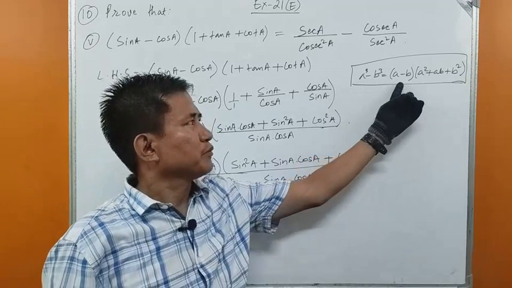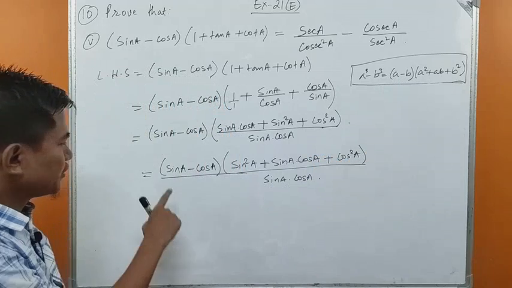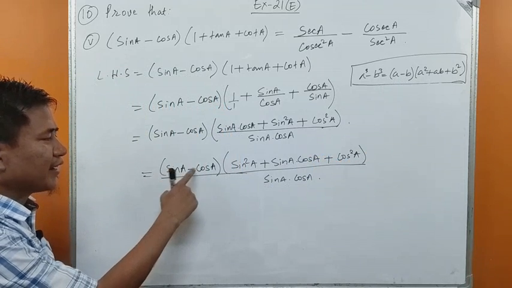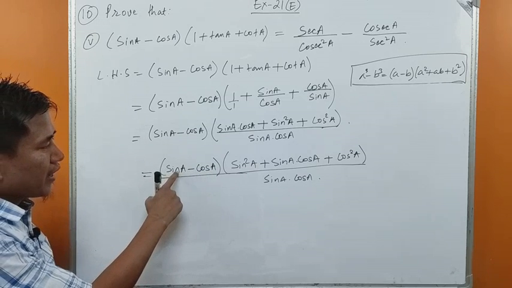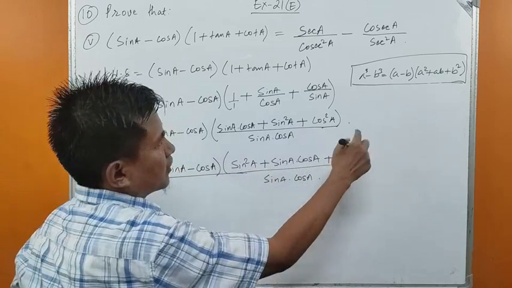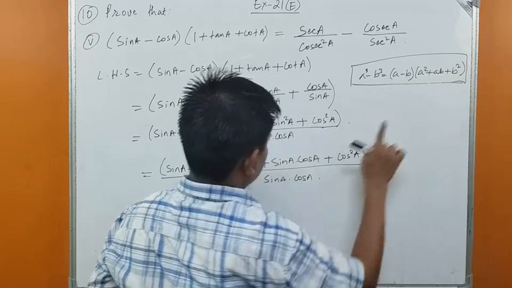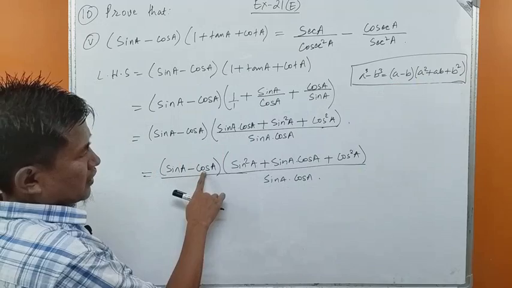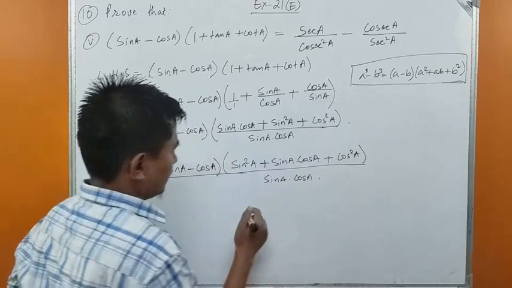So let's assume this sin A as A and cos A as B. A minus B, A square plus AB plus B square means A cube minus B cube.